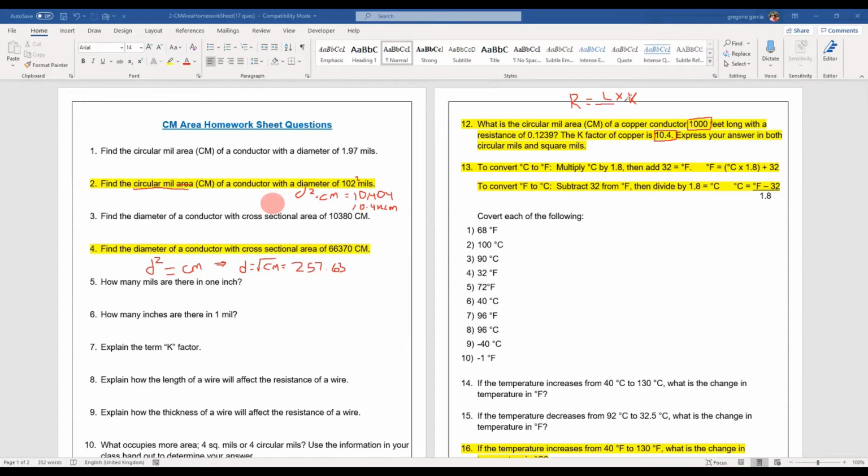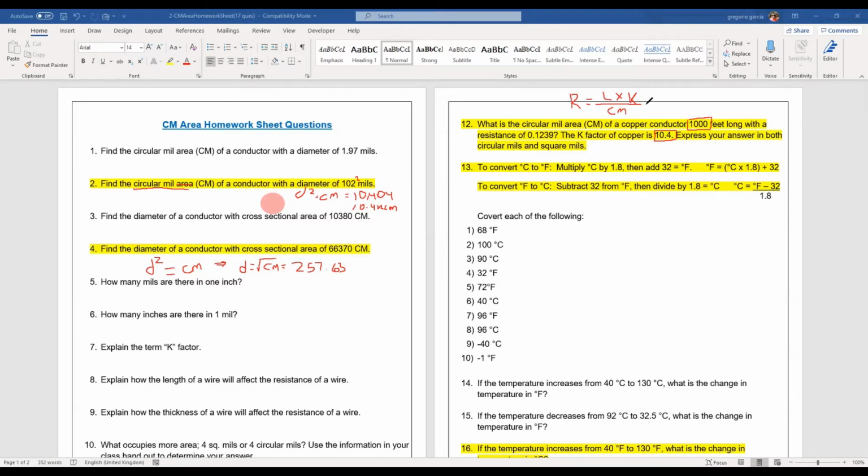So L times K divided by circular mils, which is the area, because the thicker the wire, the less resistance we are going to have, is going to be equal to the resistance R.